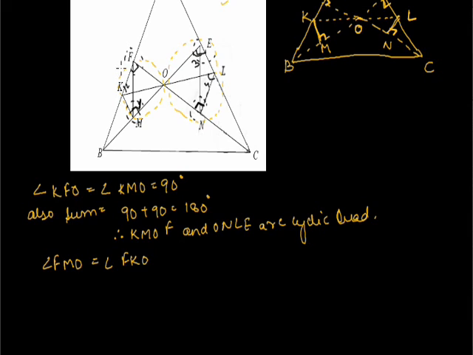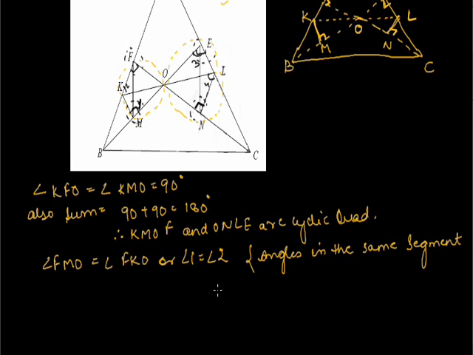अब ये एक circle बन चुका है तो angle 1 is equal to 2. Why? Angles in the same segment are equal. Or angle 1 is equal to angle 2 because angles in the same segment of a circle are equal.